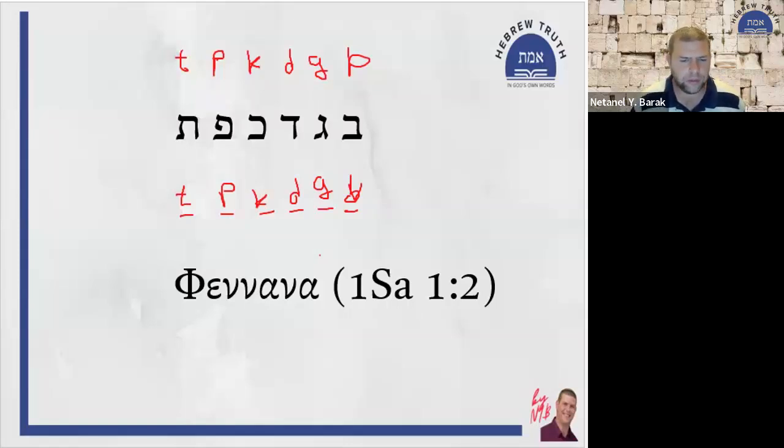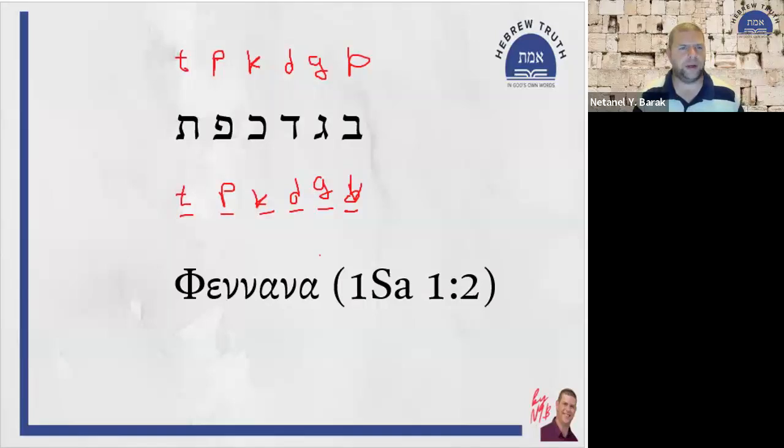The main point is that the translators of the Septuagint, when they wanted to represent these names in the Hebrew, went for the f sound, even though the p sound was available for them. It was actually for them the closer sound in this case.